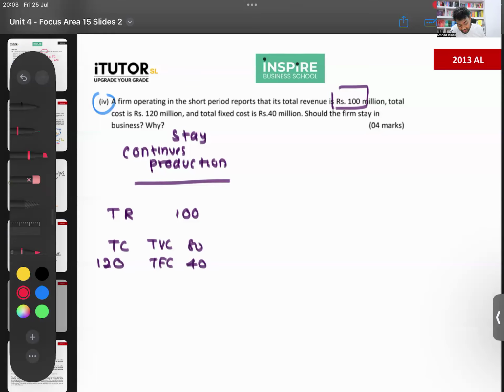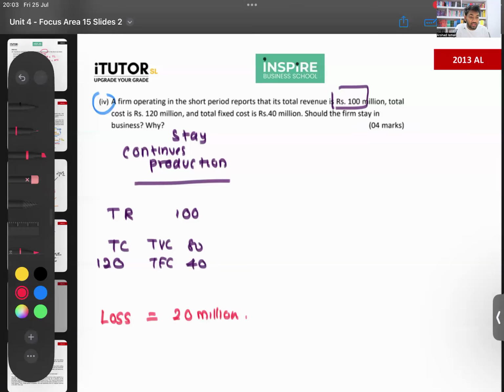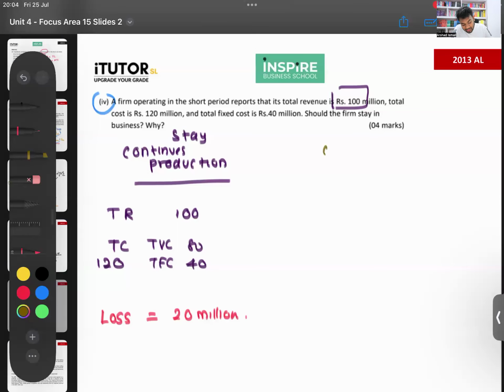So if you continue, you make a loss of 20 million. So if you continue production, you end up making a loss of 20. They're asking you, should the firm continue or not? Then I'll show you what happens if the firm shuts down. So what is a shutdown?